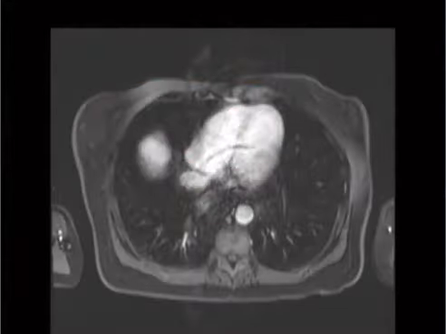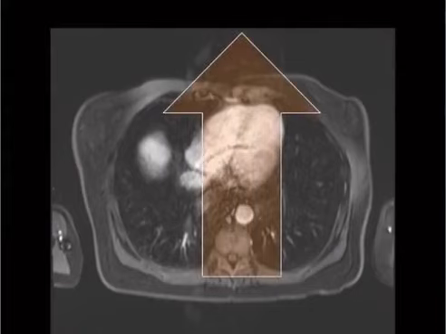For example, in body imaging, by convention, the phase encoding direction is this way, where this dimension here, from here to here, is shorter relative to that.